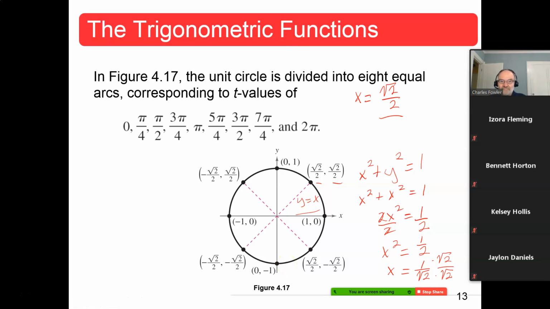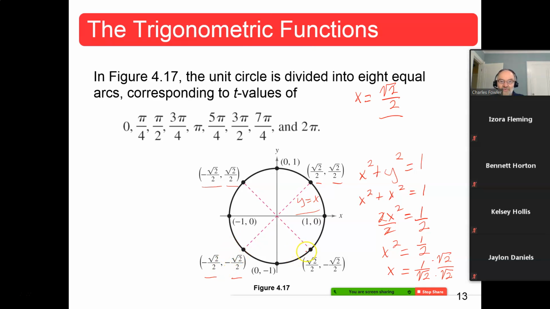Now, over in this quadrant, you just go the same distance to the left as you went to the right here, so that'd be negative root 2 over 2, but you're the same distance up here that you went up here, so that's root 2 over 2. Down here, you're still on that line, so you're at negative root 2 over 2, negative root 2 over 2, because y is equal to x along that line. That's the identity function. So it's just the opposite.